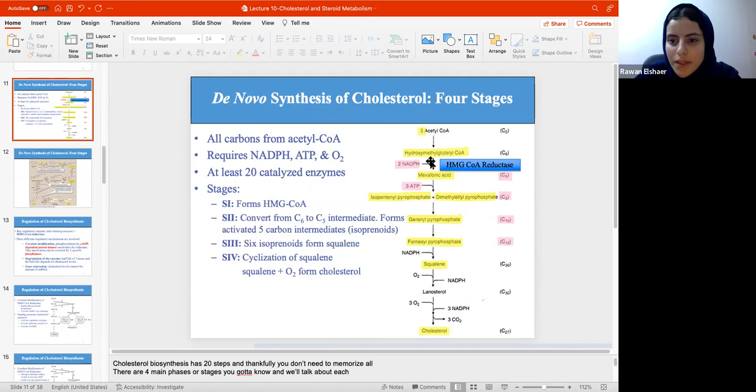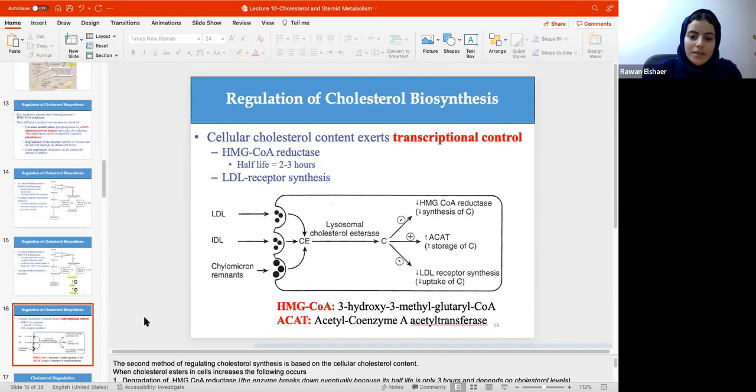Yes, it's converting HMG-CoA to mevalonic acid. So you want to prevent this step by what? Occupying this enzyme. With what? With the drug, the statin, so that HMG-CoA doesn't bind and get converted to mevalonic acid. Okay, is that clear?